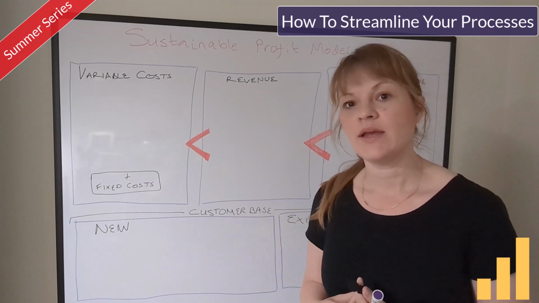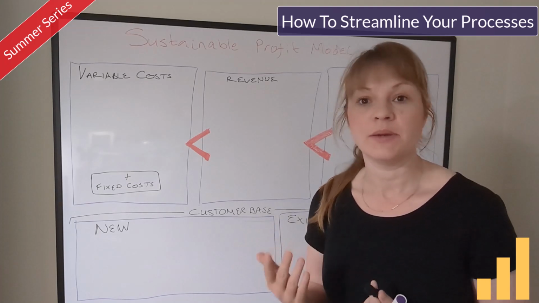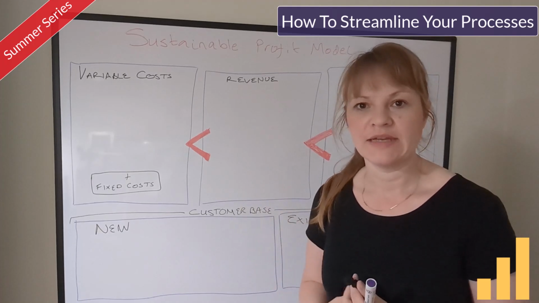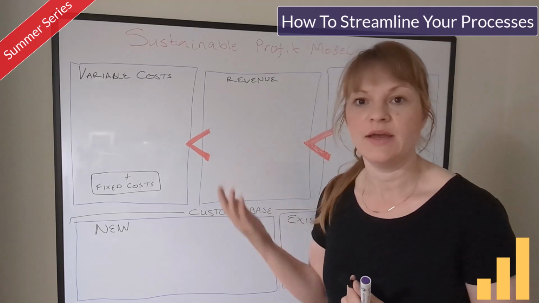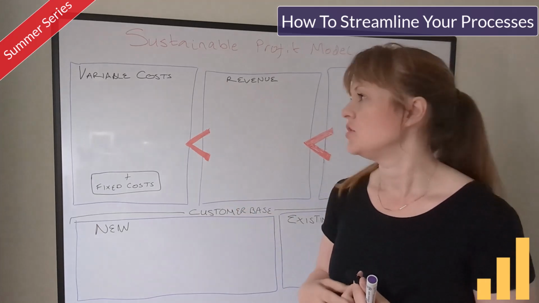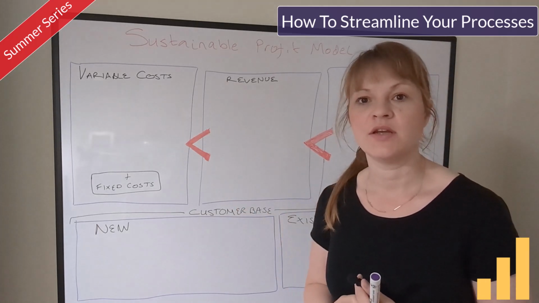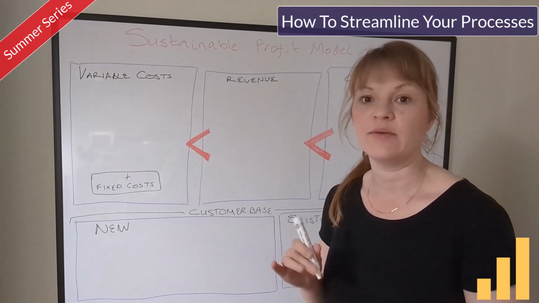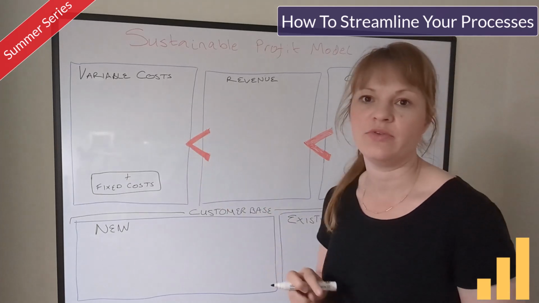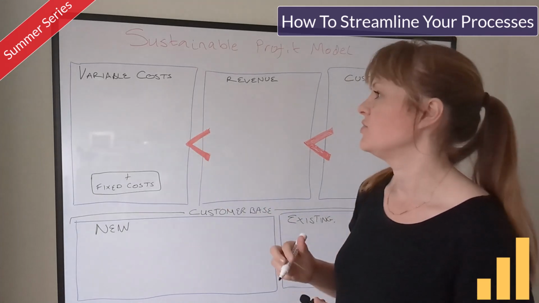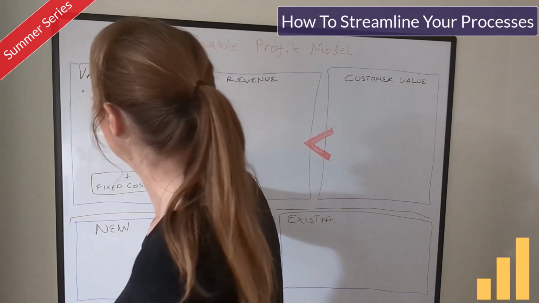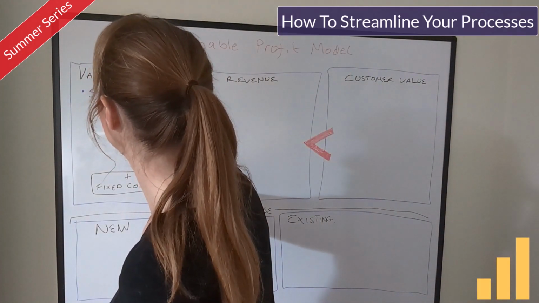So let's think about a company that builds websites and look at how we would go about building out this model in real time. So a company that builds websites, what's going to contribute to their variable costs? So they're going to have staff, is going to be a big one. So I would add staff.